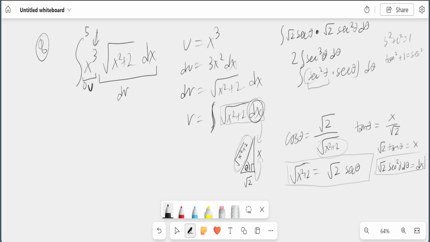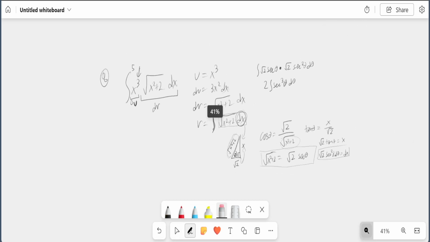So that's tangent squared plus 1, times secant theta d theta. Actually, never mind. It doesn't work, because if we distribute it out, we get a tangent squared secant theta, and that's even more complicated. So the only way you can do this is by parts.